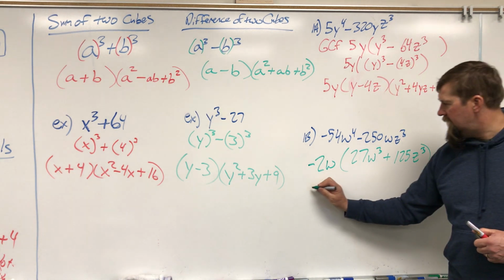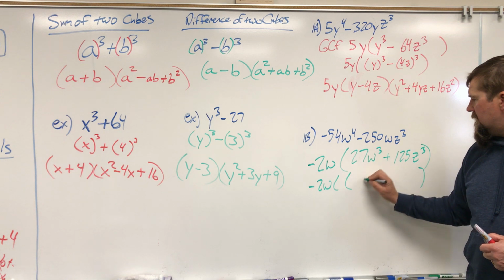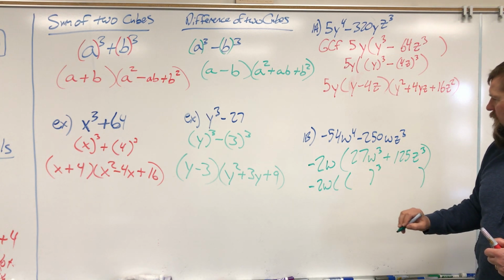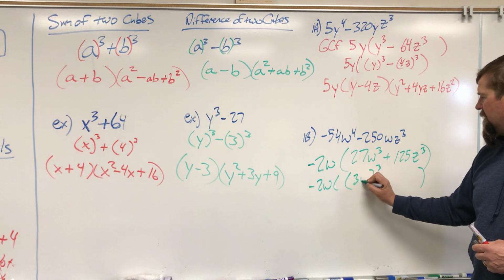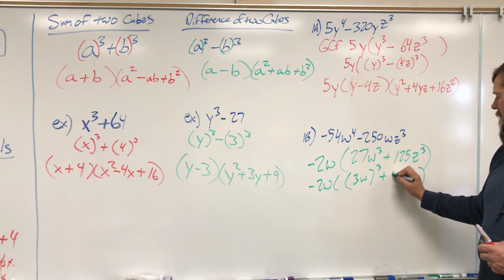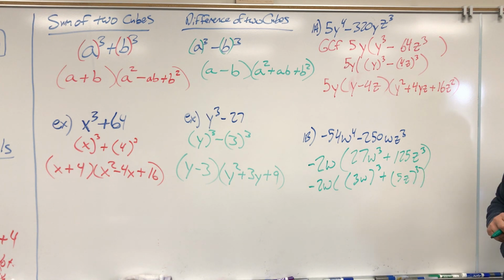Okay, so in this case, I've got negative 2w out front. What's being cubed in the first one is 3w. What's being cubed in the second one is 5z.